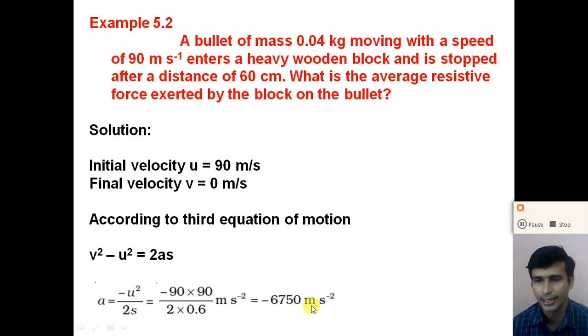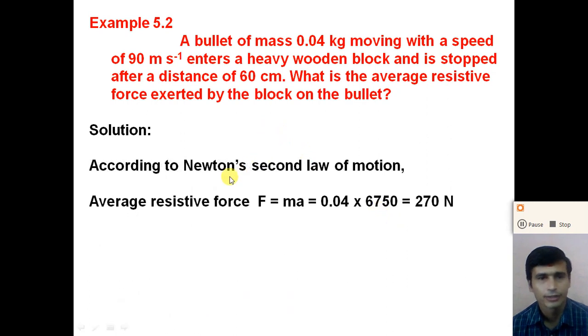So here the retardation produced in the bullet after entering the wooden block is minus 6750. From that we can easily calculate the force on the block by the bullet, F is equal to m into a, right? According to Newton's second law of motion, the average force F is equal to m into a. m is 0.04, a is minus 6750.